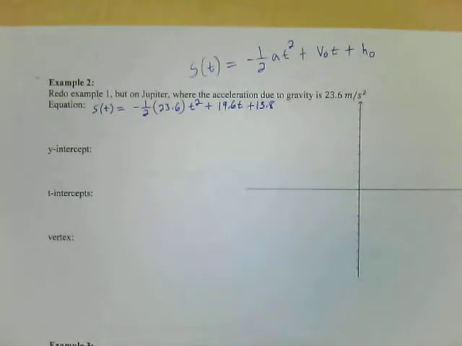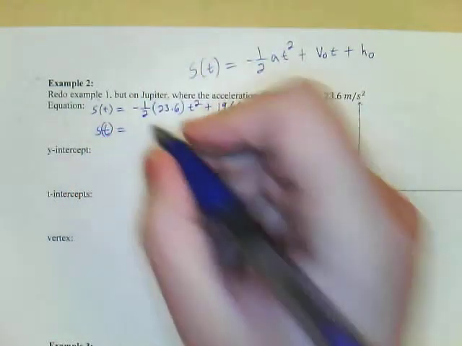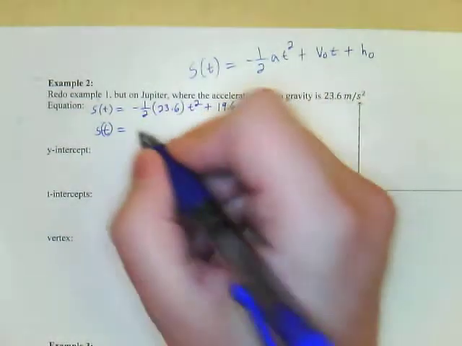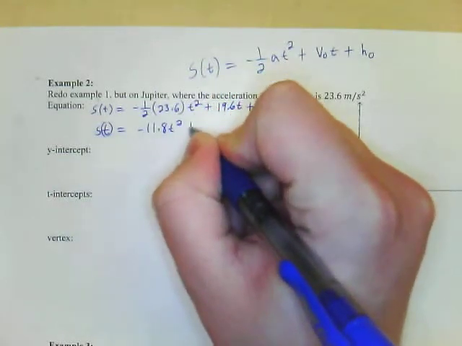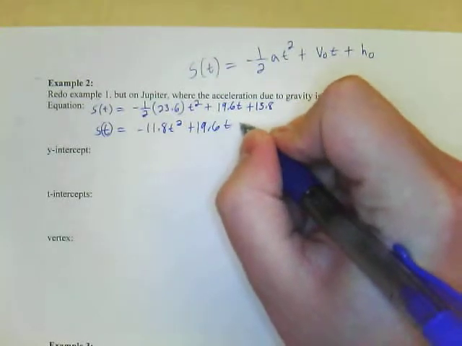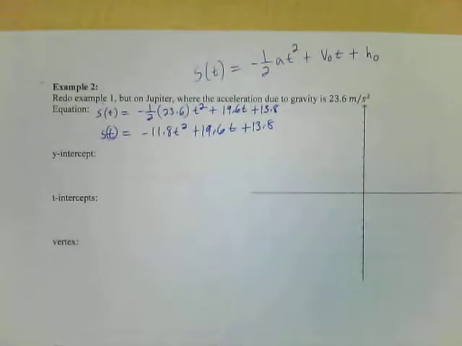Simplifying, half of 23.6 is 11.8, so the position is negative 11.8 t squared plus 19.6 t plus 13.8. That is the equation for this height.